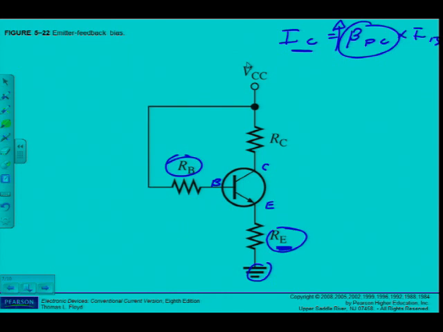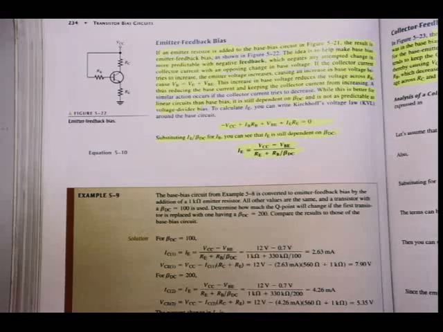Alright, reducing the base current and keeping the collector current from increasing. So you can see the feedback effect that is happening on that circuit. So please mark that section in your book, it explains very well what's happening.